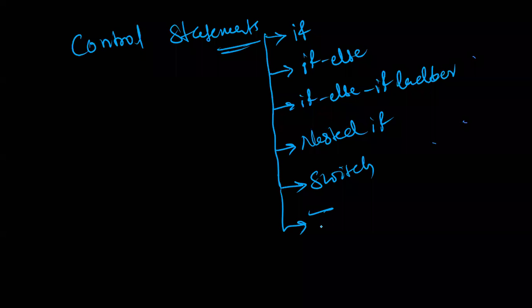Next, ternary operator. These are the statements we will discuss one by one. Already I have given a brief idea how these control statements work. Each has different purposes, so one by one we will discuss.